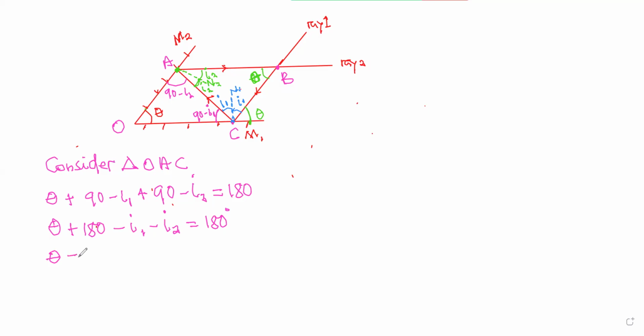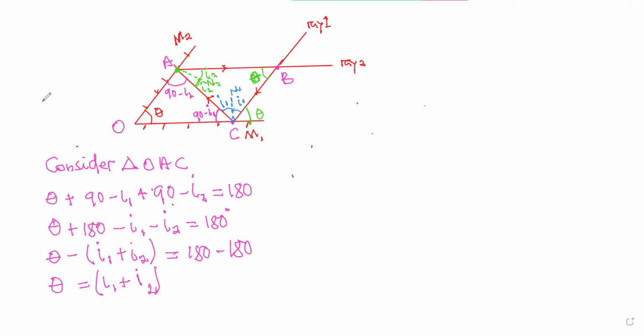When we send 180 to the other side, theta minus I1 minus I2 is equal to 180 minus 180, which is 0. Therefore, theta is equal to I1 plus I2 for the chosen triangle OAC. So this is one equation we have.